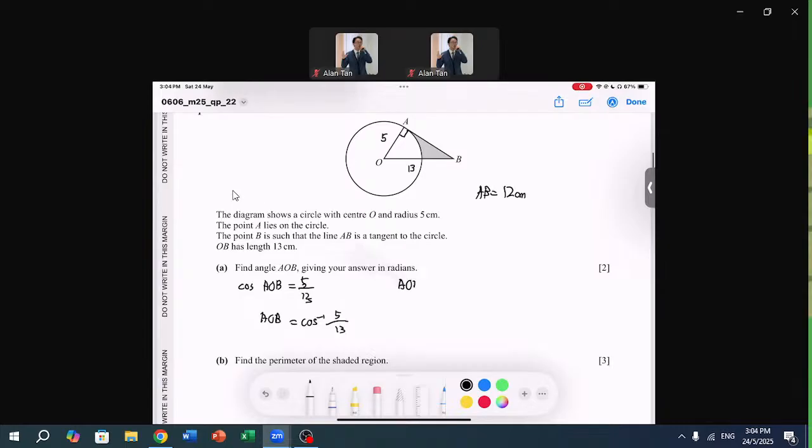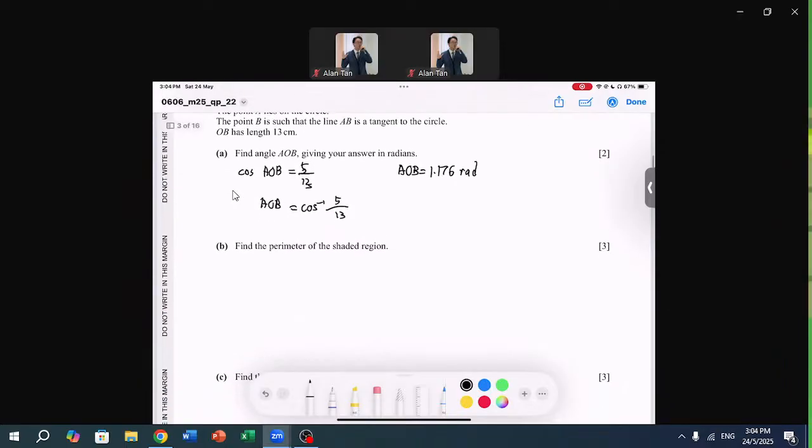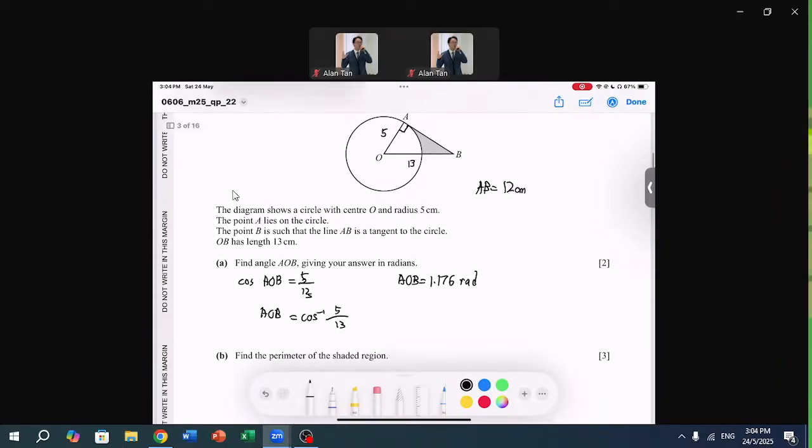That means AOB equals, I'm going to press the calculator here, 1.176 radians. The first mark should usually be given for the 5 over 13 and the final mark for the answer, so this should be an M1 A1 mark.